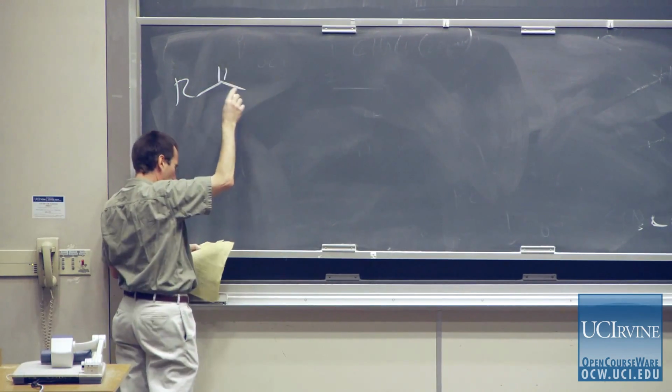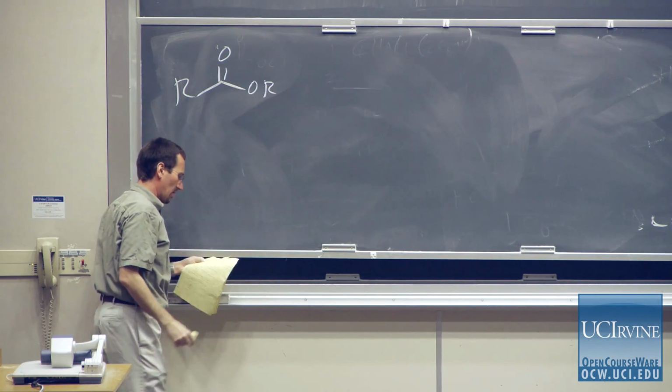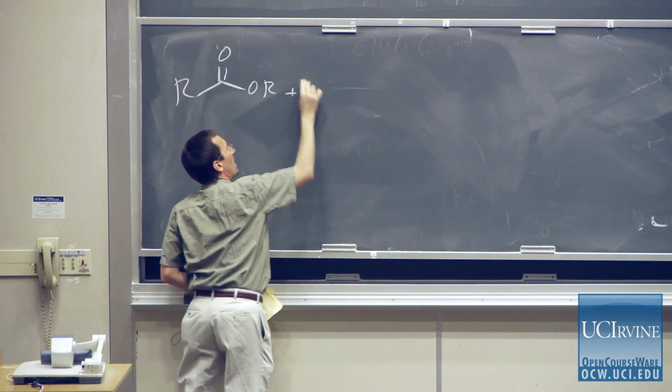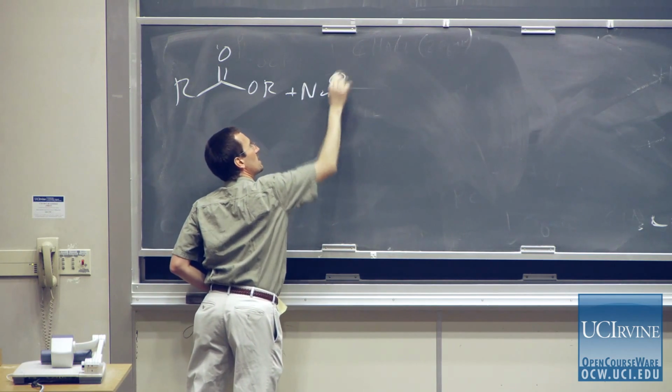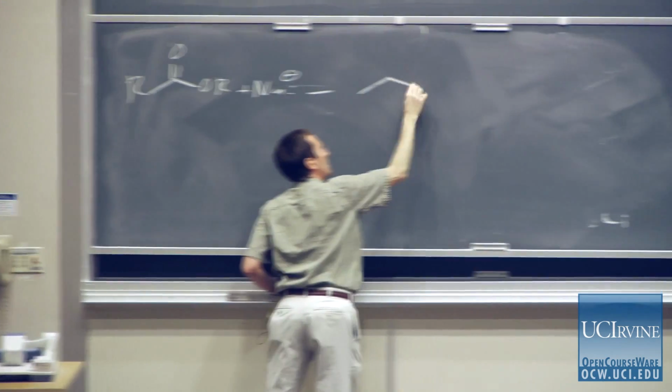And here's why they find it confusing. Here's our, let's say, our ester. And we've just added a nucleophile to it, Nu minus, to form our tetrahedral intermediate.